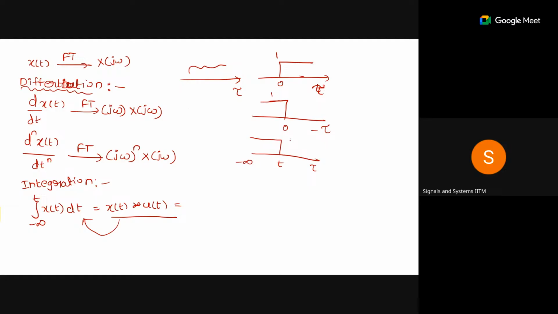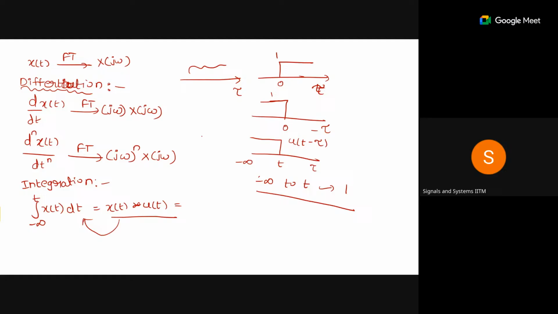Since it is u of t minus tau, the shifting is from minus infinity till t, so it will be 1 from minus infinity to t. Are you clear? Yes, ma'am.